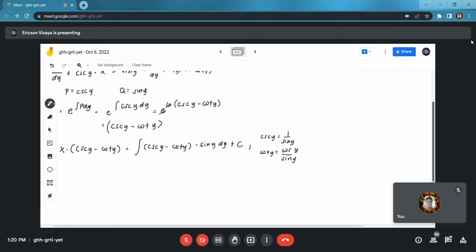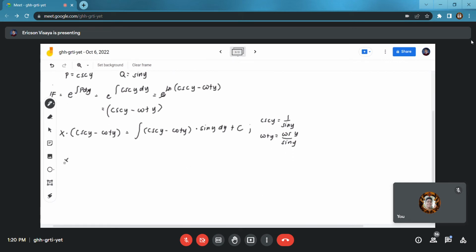After this, x times cosecant Y minus cotangent Y is equal to the integral of 1 over sine Y times sine Y minus cosine Y over sine Y times sine Y, dy plus c.